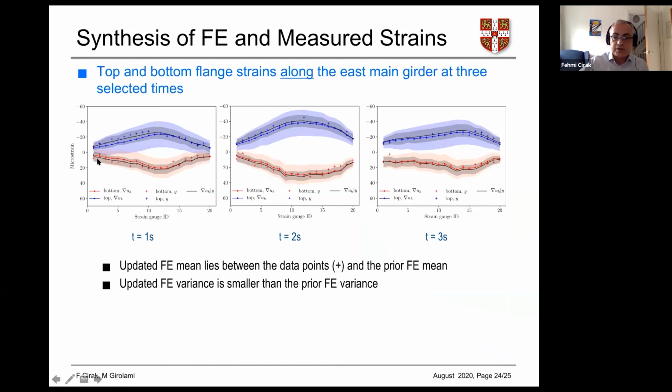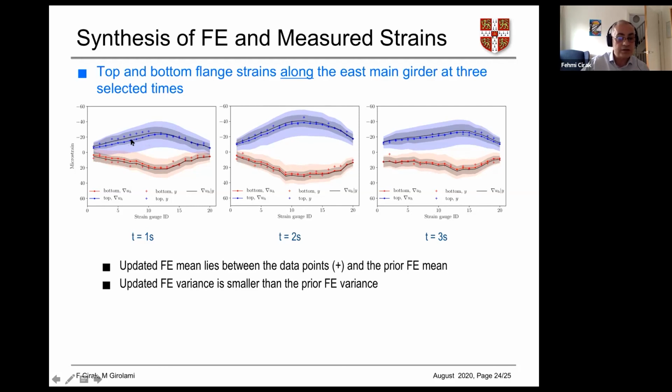So, this is quite a dense diagram, but let's start with these blue ones, right? Here we have the strains in the top flange. The plus signs are the measured strains. And the blue line is our prior finite element result.